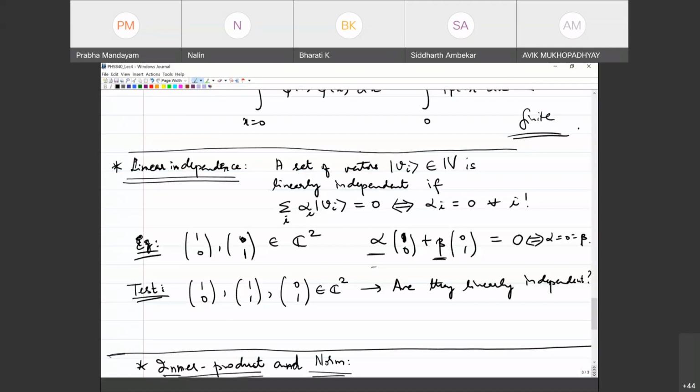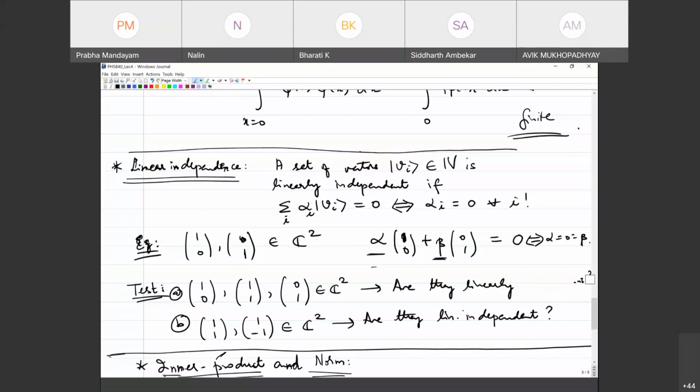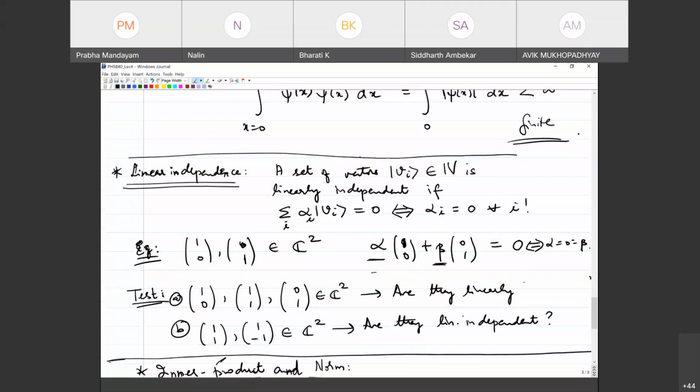This is the first question. The second question is: these two vectors, (1, 1) and (1, -1), are they linearly independent? This is something for you to think about. Maybe the first answer is obvious, but for the second one, just let me know whether both these sets are linearly independent sets or not.